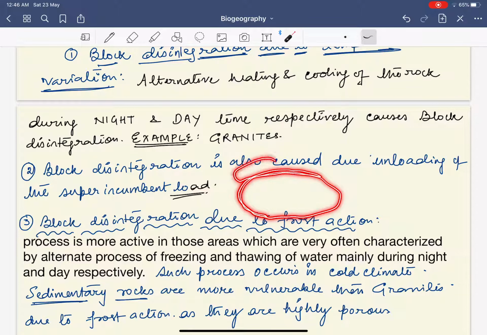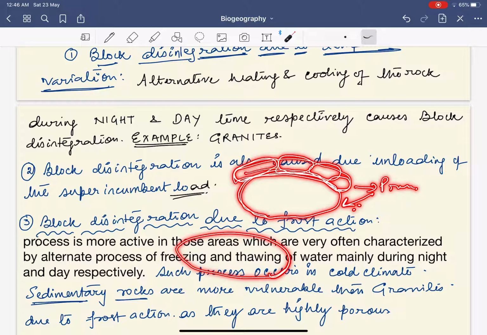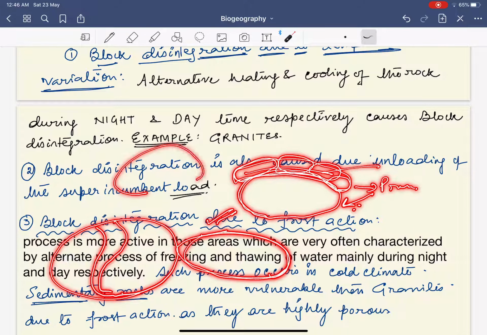And upon this structure, there are many more rocks. So what actually happens is that these rocks create a pressure over this rock. Now consider the situation when this is totally removed. Hence the entire pressure over here is removed. As a result of which what happens? It again expands, and this expansion leads to your block disintegration.